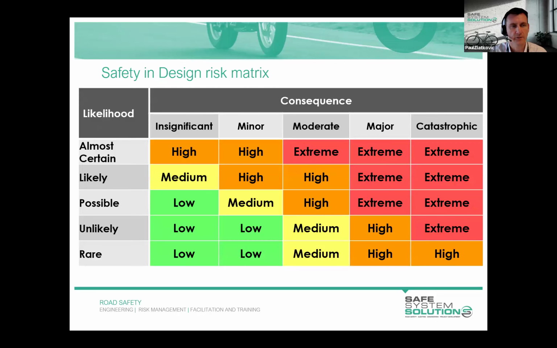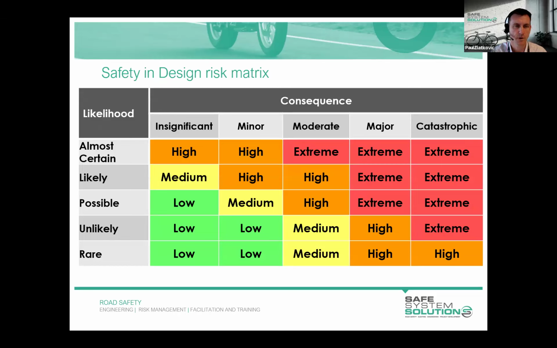Okay, so this is our safety and design risk matrix, and it aligns with the risk matrix that that council uses for its project risk register. So it's not reinventing the wheel here. We use that combination of likelihood and consequence to arrive at a risk level.